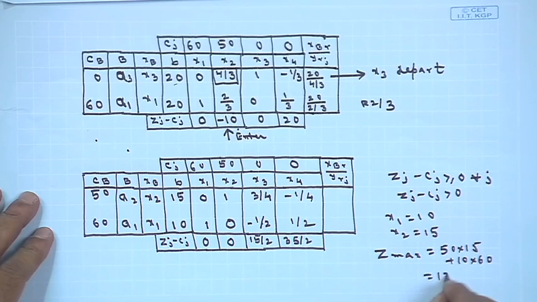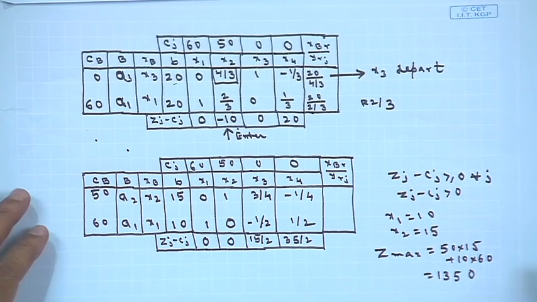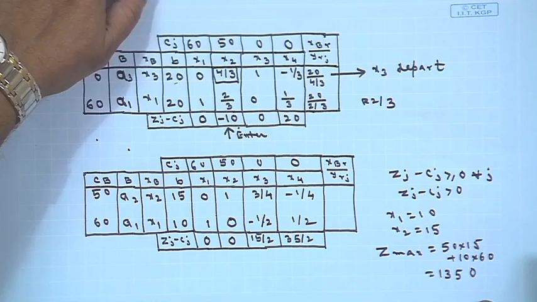So, it will be 1350. So, this is the solution of this problem. So, in the next class we will explain one more example to illustrate this algorithm.